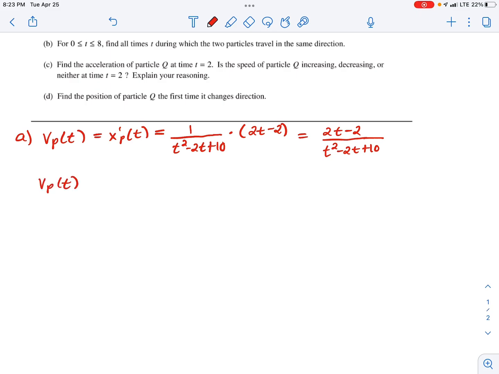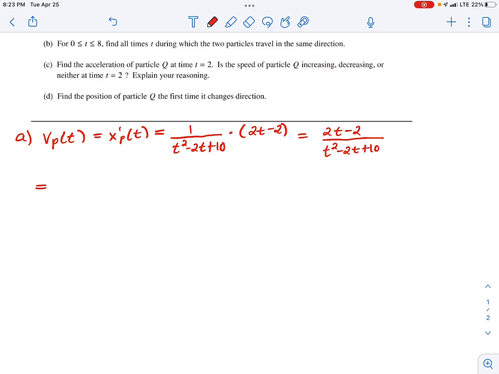So you'll want to note here that v_p of t is equal to 0 when t equals 1, because you would set, well, I'll back up a second.